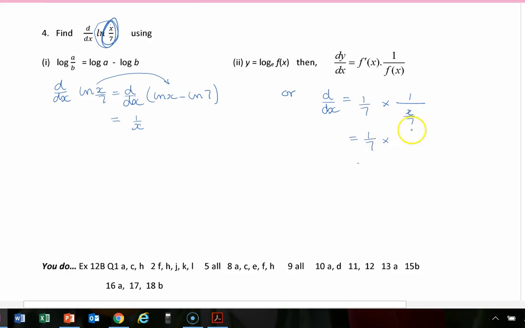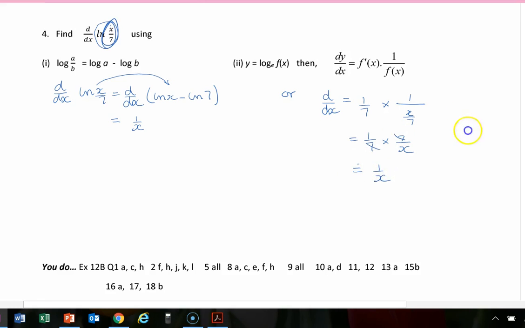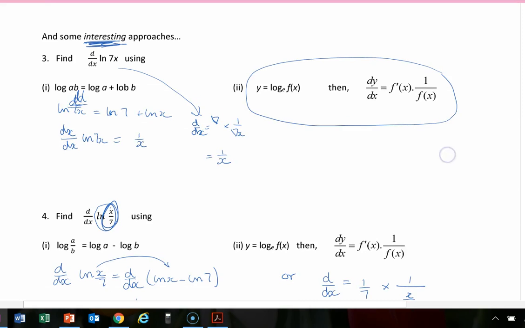It's 1/7 times 1 divided by x on 7 is the same as 1 times 7 on x. And you see the 7's cancel out and you get 1 on x, same answer. Like I said back here, it was just interesting approaches. So you can use your log rules and you'll end up with the same result as differentiating, leaving it intact as a function.